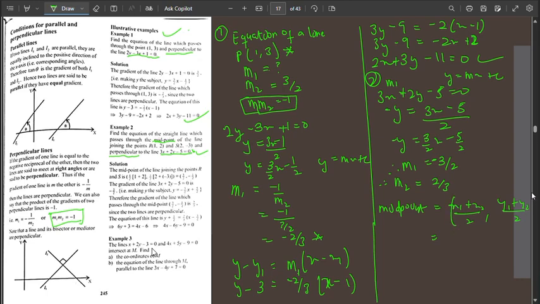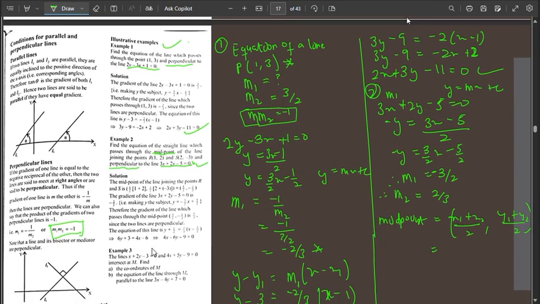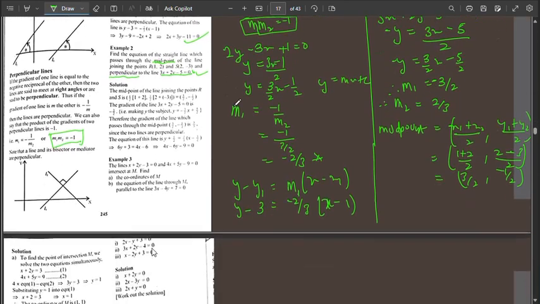So the midpoint becomes x1 plus x2, that is 1 plus 2 over 2, and then y1 plus y2, that is 2 minus 3 over 2. That is 3 over 2 and minus 1 over 2. So this is the midpoint. This is the point we can use to find the equation of the line.